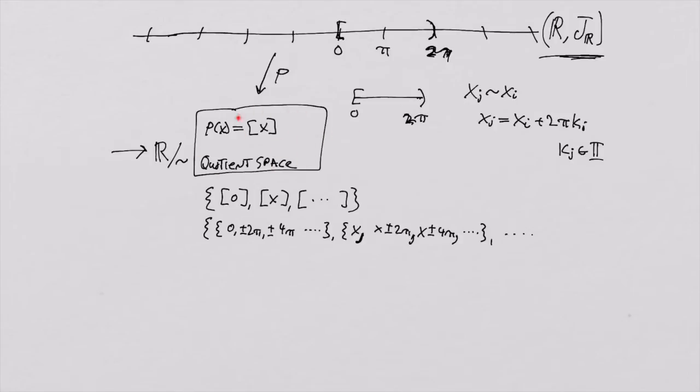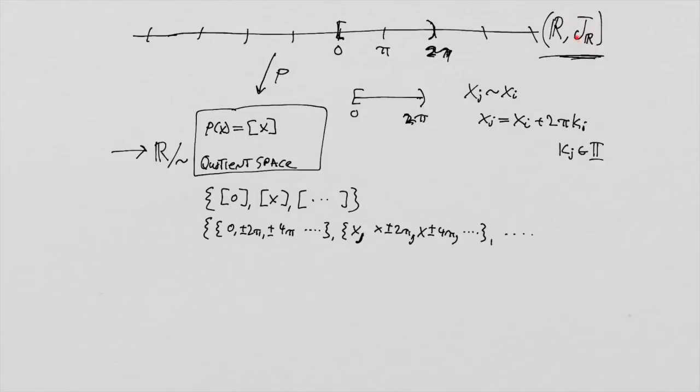That's what we ultimately want to get to. We understand the real line well because we know what the set is and we know what the topology is. The quotient space we understand as a structure. We understand it is the set of all the equivalence classes based on this equivalence relation. We got that. The question is, as a topological space, what is it? Because we just know what it contains.